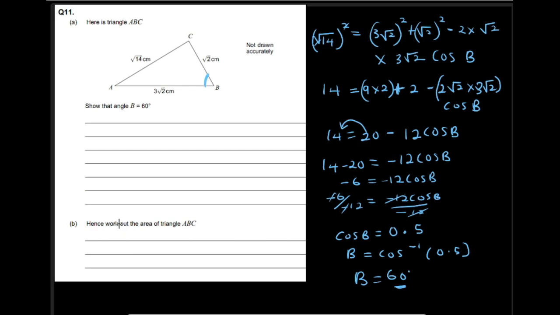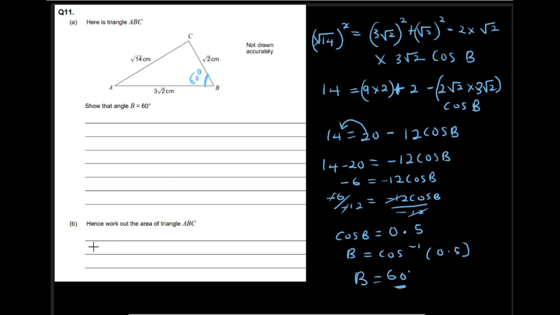All right. Now they said, hence, work out the area of triangle ABC. Work out the area of this triangle. If we want to solve for the area, let's take into consideration this angle of 60 degrees. We can work with this angle and these two sides.